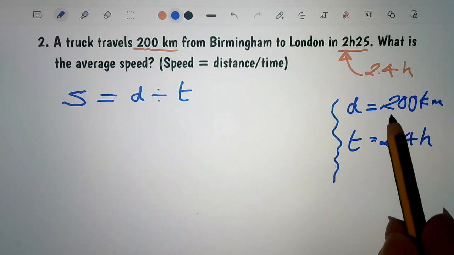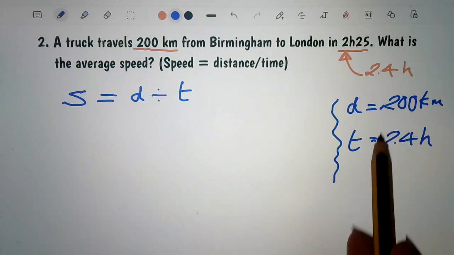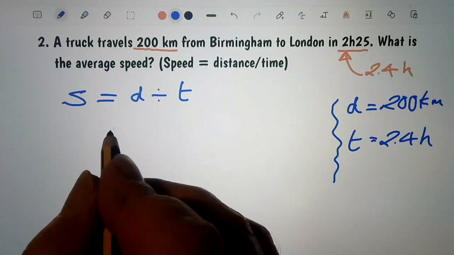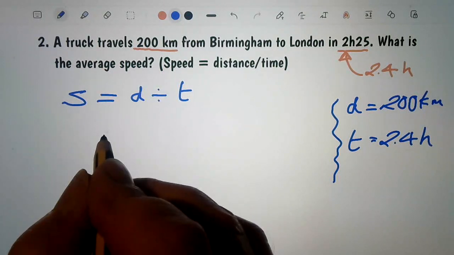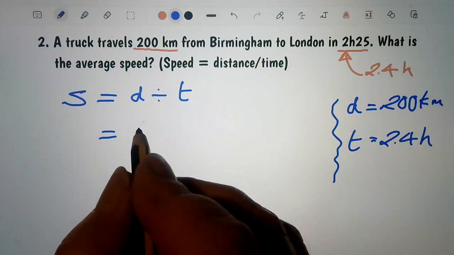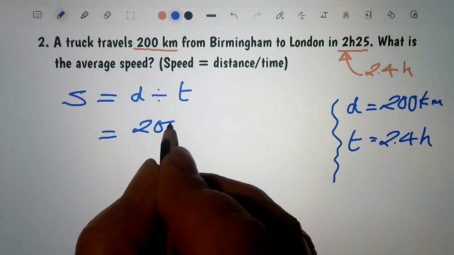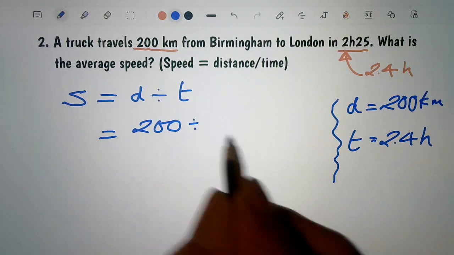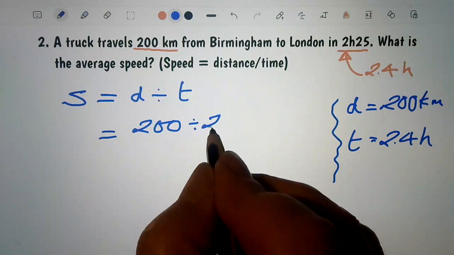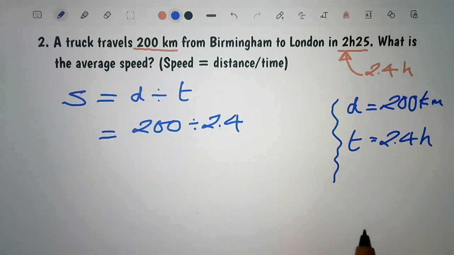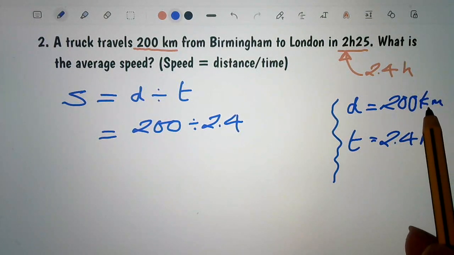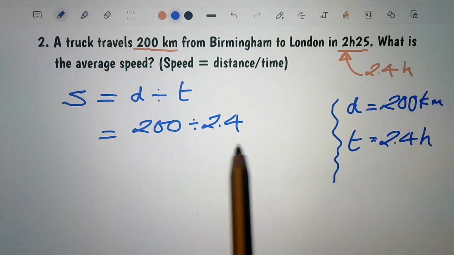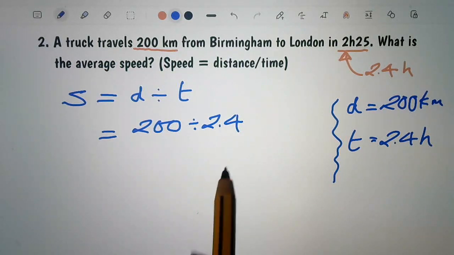So now all I need to do is put those numbers into here. Notice I keep the equal signs lined up. So that's 200 divided by 2.4. Again, notice I have the units in the data, but I don't put the units in the calculation.